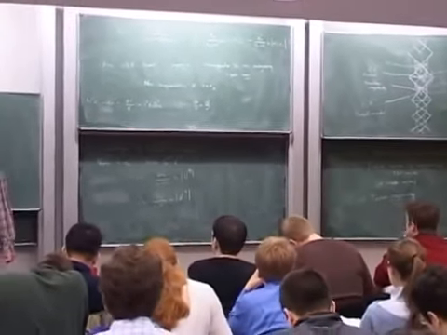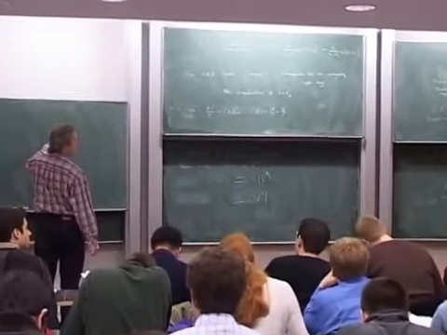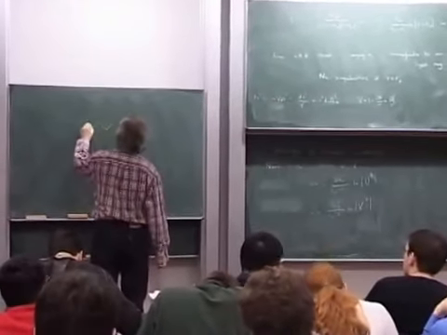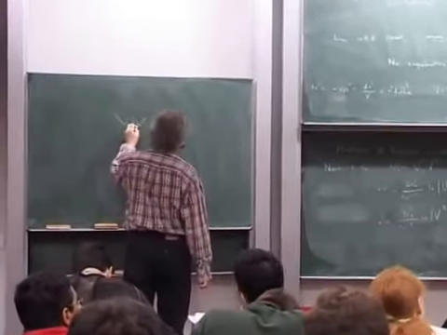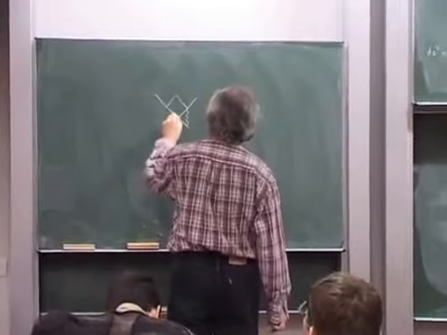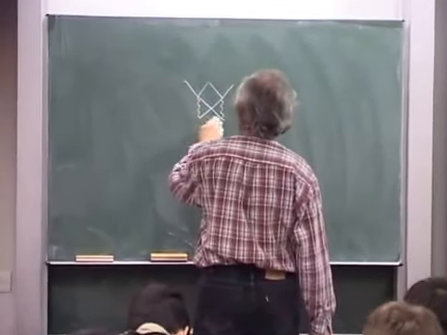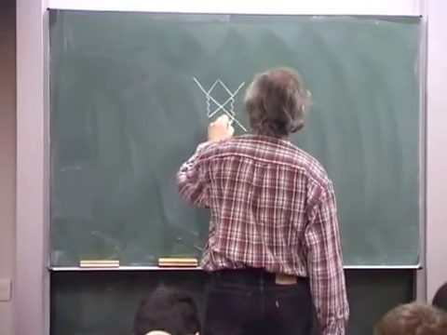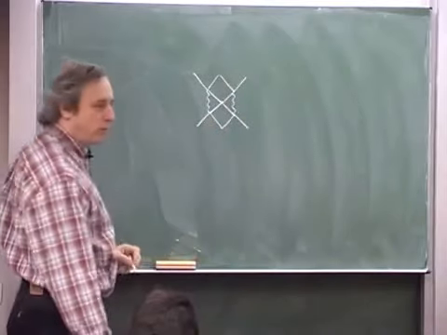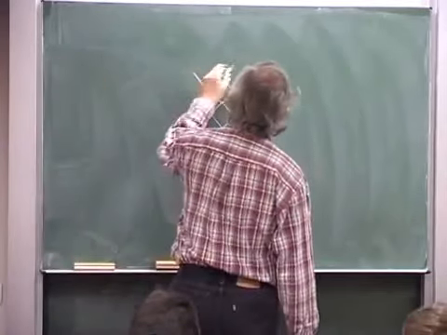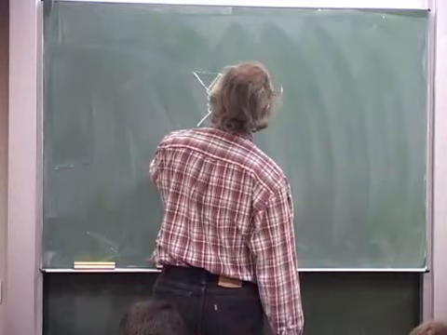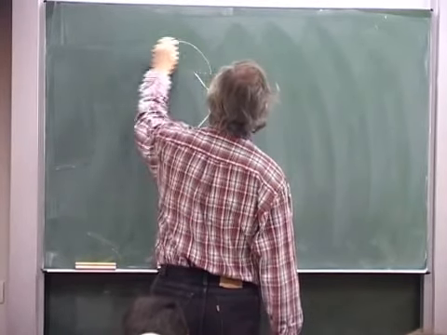I always find this a bit hard to draw, actually. So I could decide that was all of the space-time that I was going to have, with the proviso that this surface here and this surface here were identified.